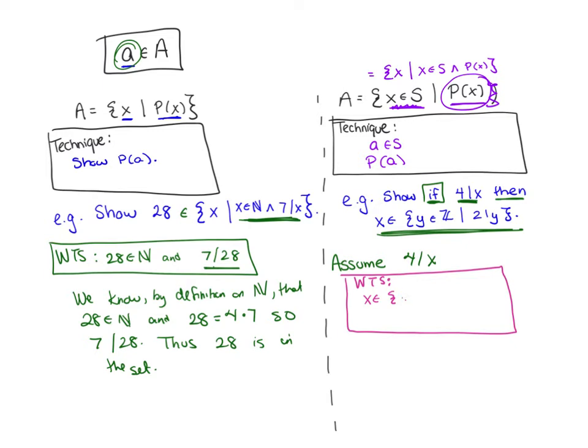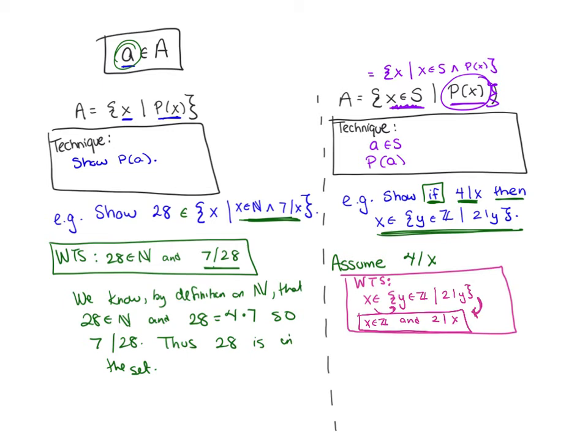I want to show that x is in the set of y in Z such that 2 divides y. So to show it's an element of this set, I need to show that x is in Z and 2 divides x. So here is where I'm using the definition that we just learned.